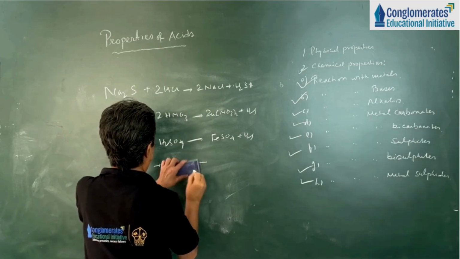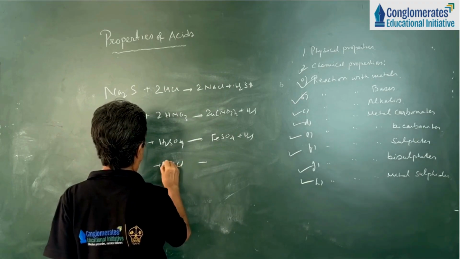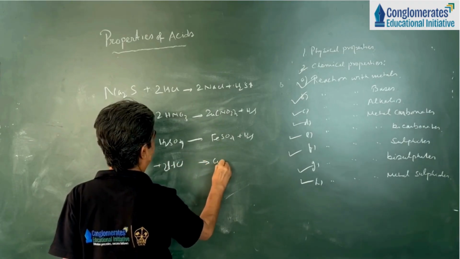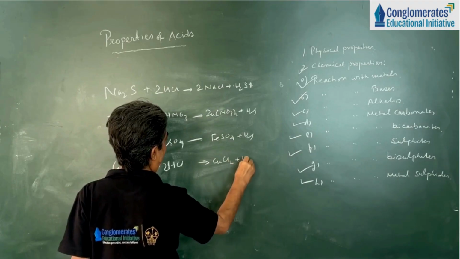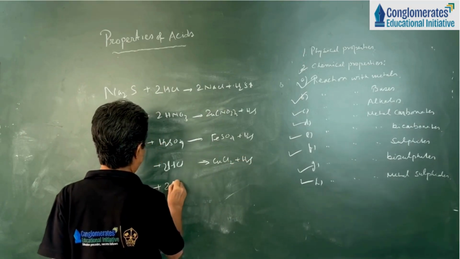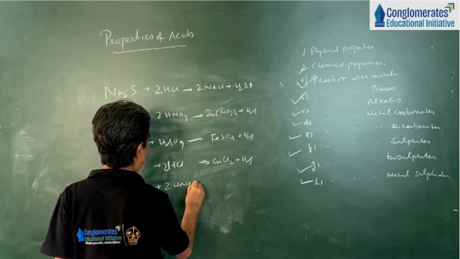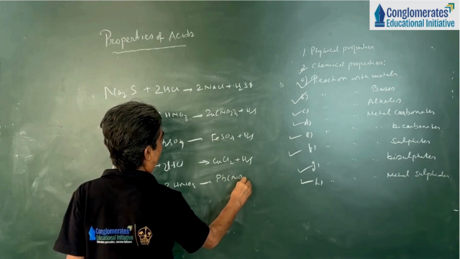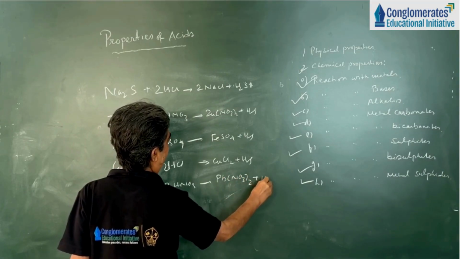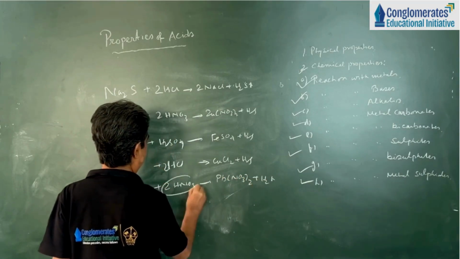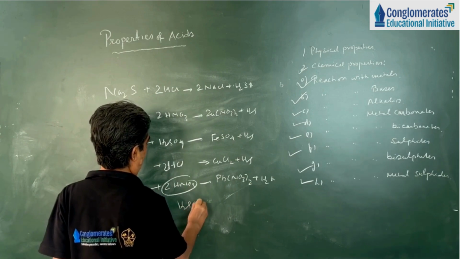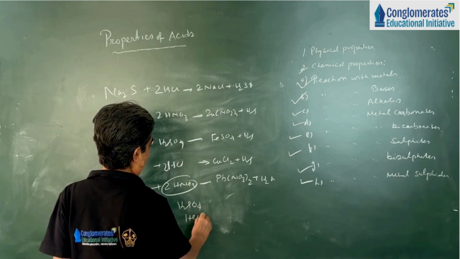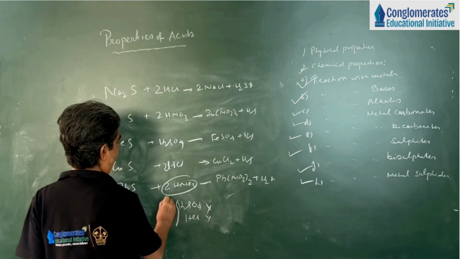Suppose with HCl, we get CuCl2 plus H2S. And here, for lead sulfide, only HNO3 can be used, no other acids, because of the formation of an insoluble coating like lead chloride or lead sulfate. So only nitric acid can be used. H2SO4 and HCl cannot be used in this case.